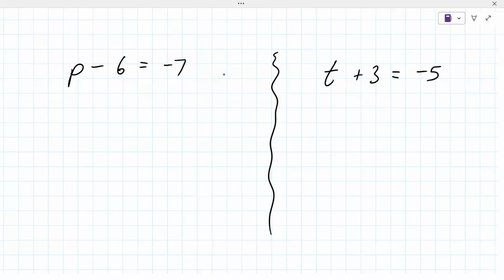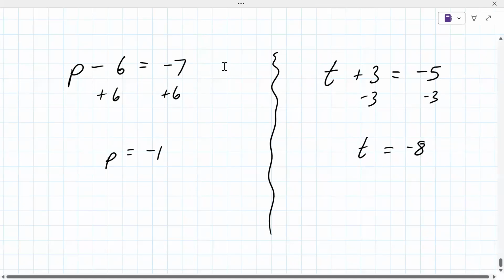Okay, first one would be p equals -1. Good. And the other one would be t equals -8. Very good. Okay, so you got that down.